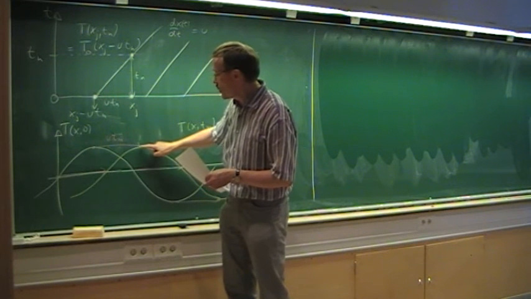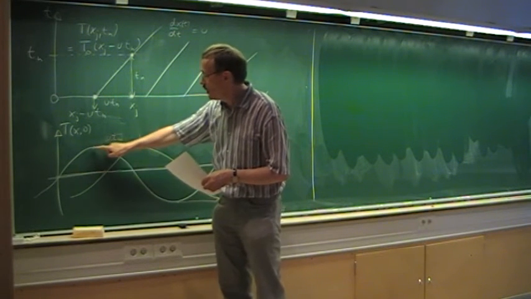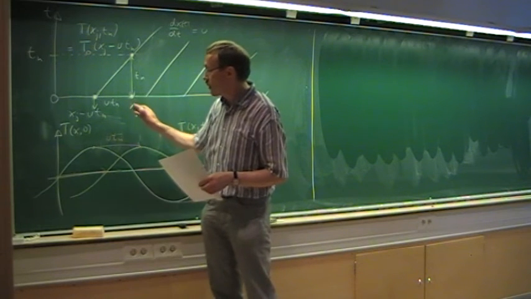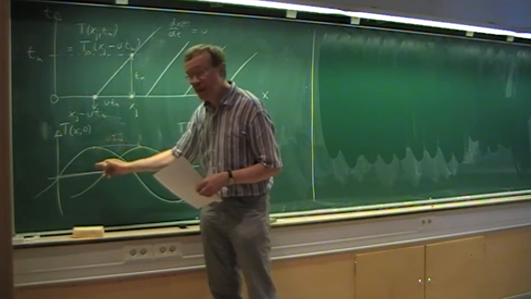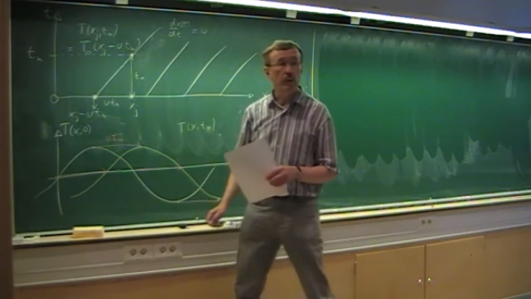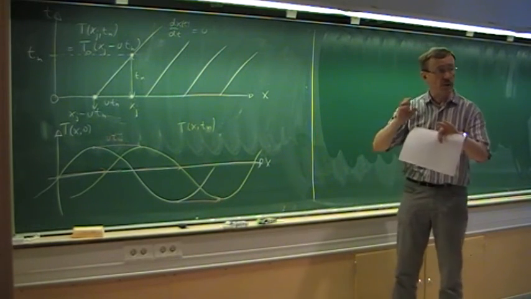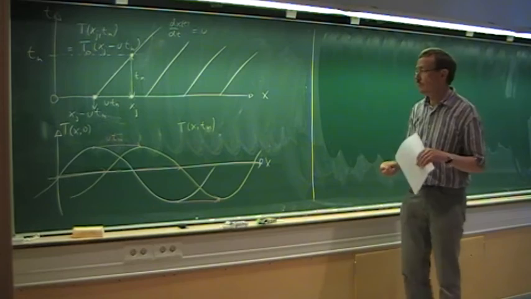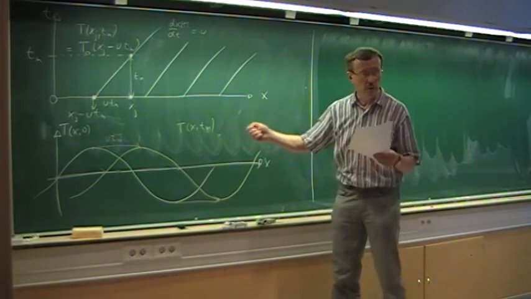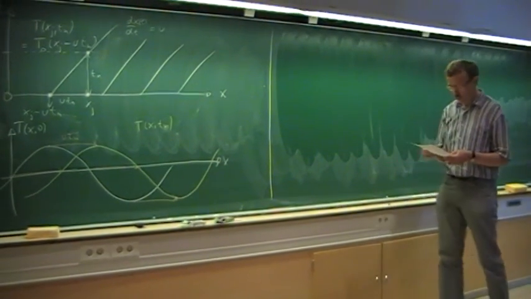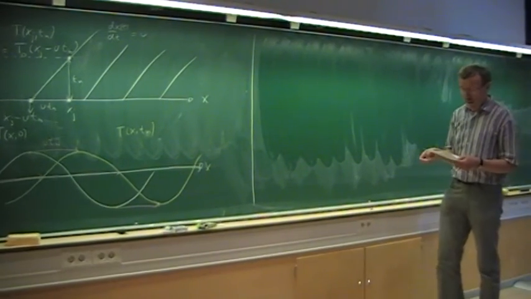So we just go back in time, and then we are at the initial condition at a certain x location, and then we take the value of the initial condition there, and we have the solution. You can do that for any point, and in that way we have the exact solution.